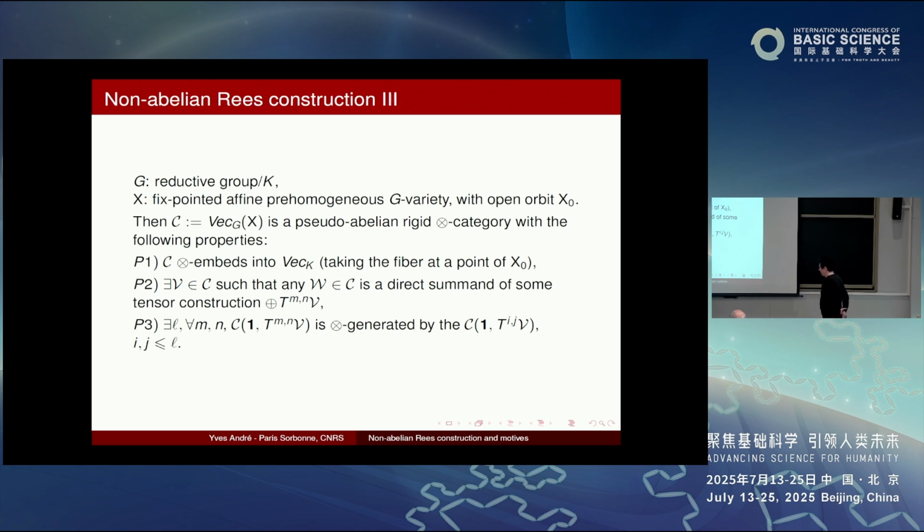There exists an integer L such that for any pair of integers M and N, the morphisms in C between the unit object and the mixed tensor space T^{m,n} on V are tensor generated by similar morphisms, but with a mixed tensor of bidegree limited by L.